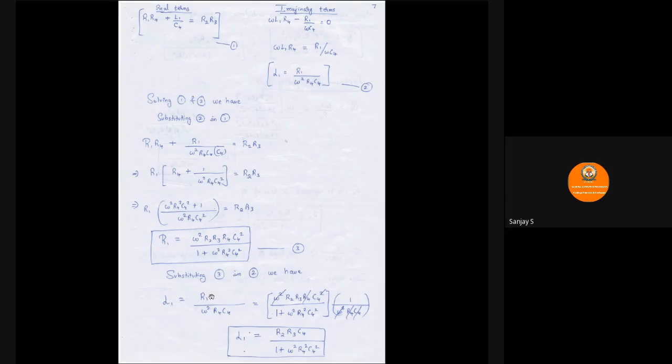So I have in place of R1 omega square R2 R3 R4 C4 square by 1 plus omega square R4 square C4 square divided by the denominator omega square R4 C4. Terms get cancelled. You will be left out with R2 R3 C4 divided by 1 plus omega square R4 square C4 square. So now the expression for L1 does not contain R1 inside.